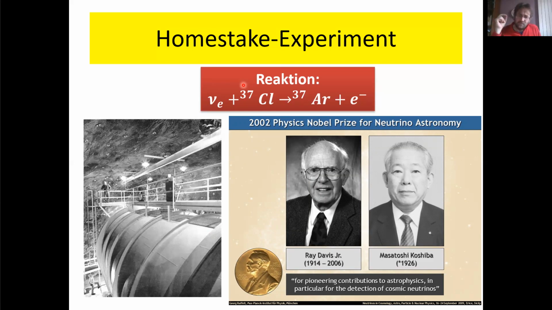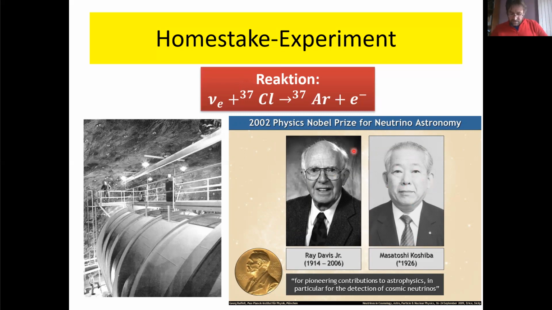For 30 years, he went there once a month to this mine to check everything was working properly and to read out the results and record them. So he got the Nobel Prize for his persistence, basically also showing that the neutrinos were there. There was also Koshiba, a big boss of a Japanese experiment that makes it much better, which we're going to talk about in a few seconds.